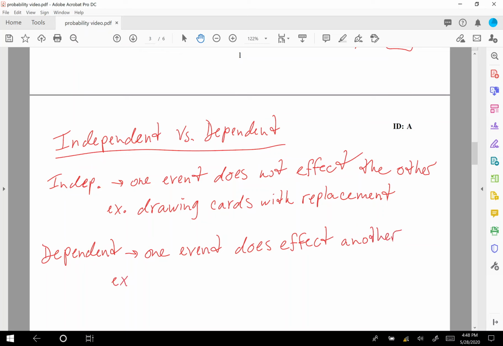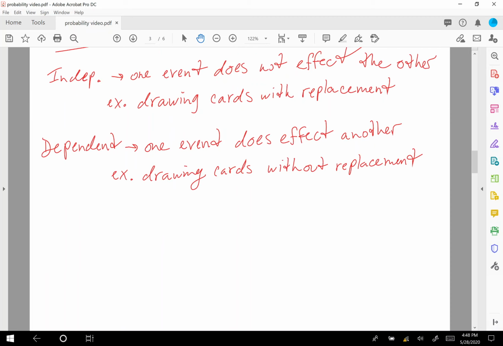For example, if I'm drawing cards from a deck but I don't put them back. Right now, let's say I'm going to talk about drawing a red card. Red cards in a deck, there's 26 out of the 52.